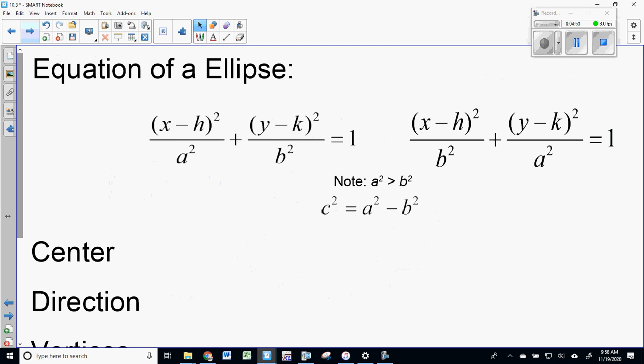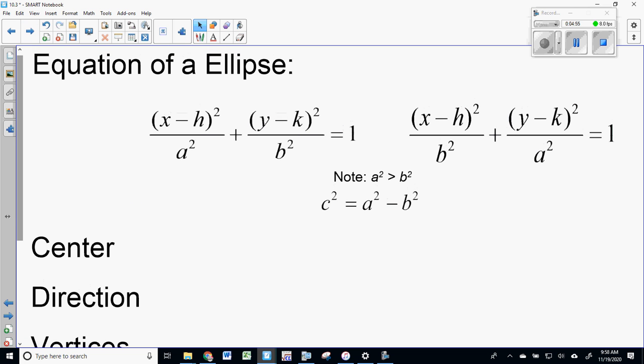We have two types of equations for an ellipse. We have the one on the left, (x minus h) squared over a squared plus (y minus k) squared over b squared equals 1. Or the second one over there, where b squared is under the x and a squared is under the y.